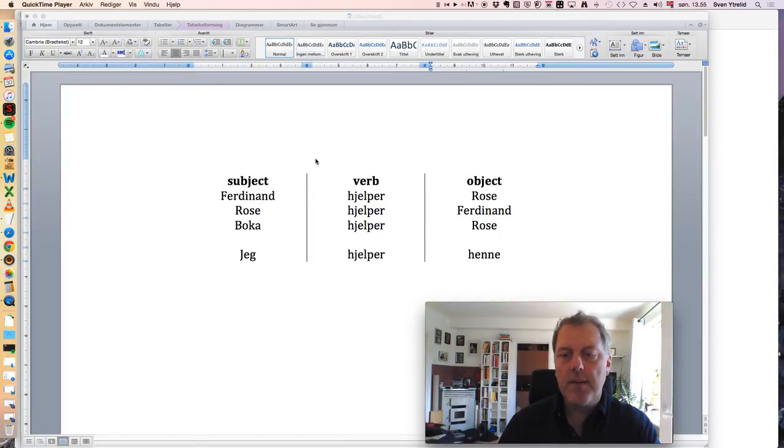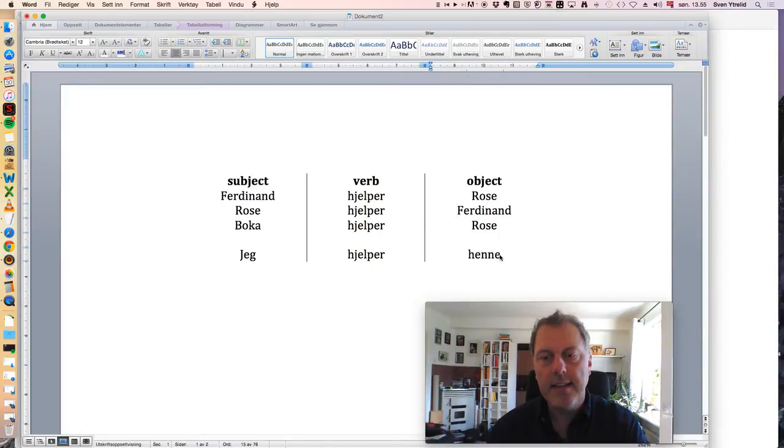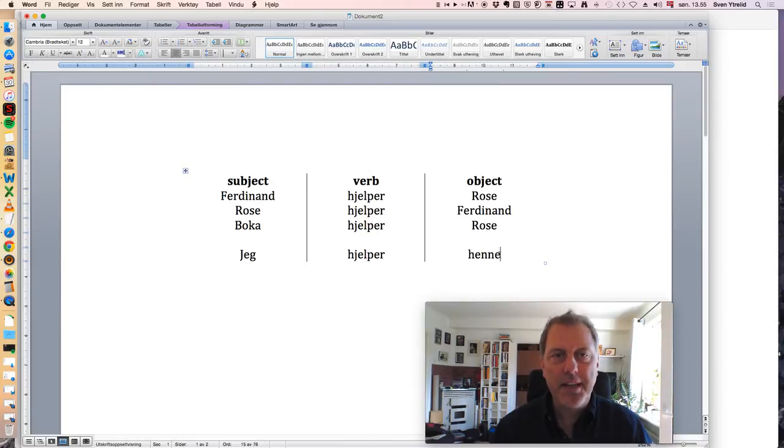Now, how are we going to use this? The pronouns have this peculiar shape that we are able to look at the word without the sentence and still we are able to determine whether it is a subject or an object, and that makes them quite outstanding in the Norwegian language.